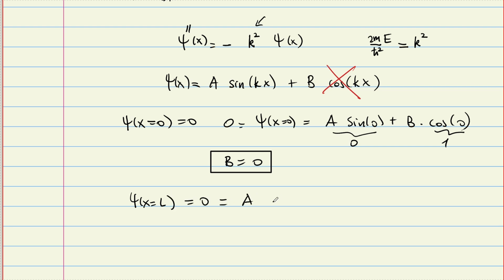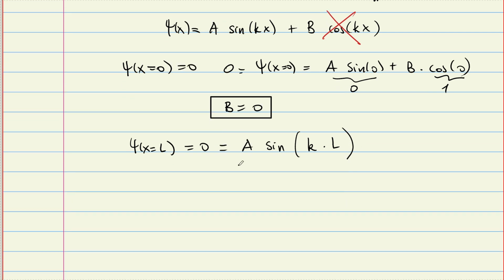And this should be equal to A sine kL. And so A is like an arbitrary constant. The only way I can have this thing be 0 is k times L should be n times pi. Otherwise, I cannot satisfy this boundary condition, right?